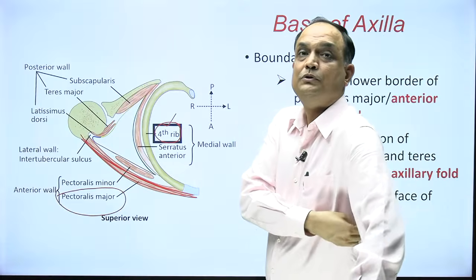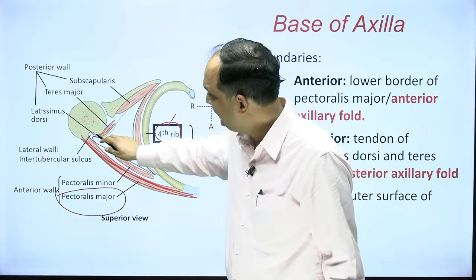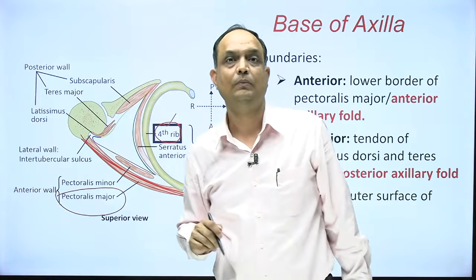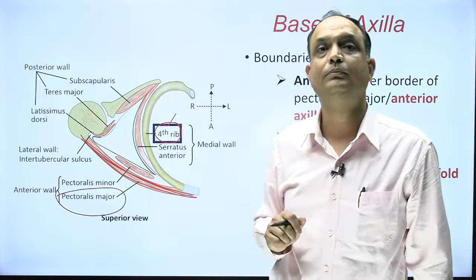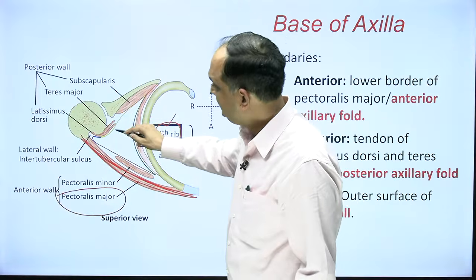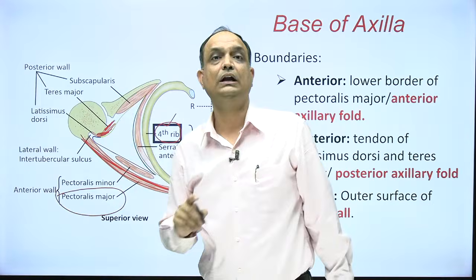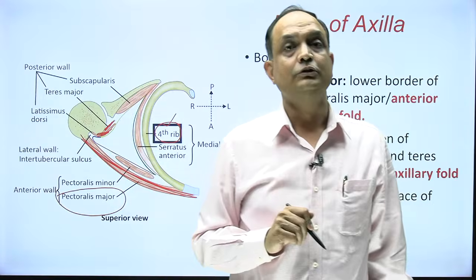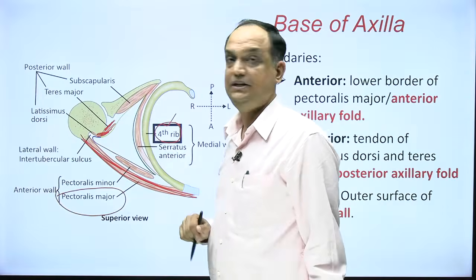When you go to the posterior axillary fold, you know that there are two remaining areas of the bicipital groove. One is the floor of the bicipital groove, another is the posterior lip of the bicipital groove. Now both these areas have two muscles. So posteriorly you are having the latissimus dorsi and teres major.